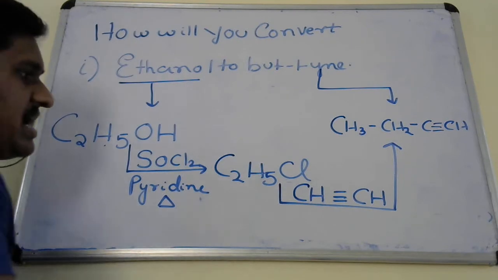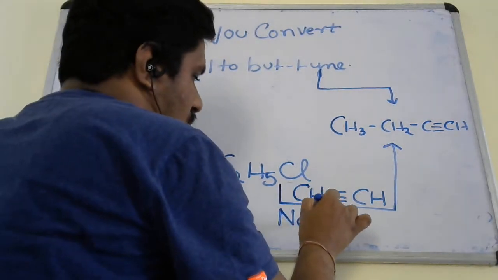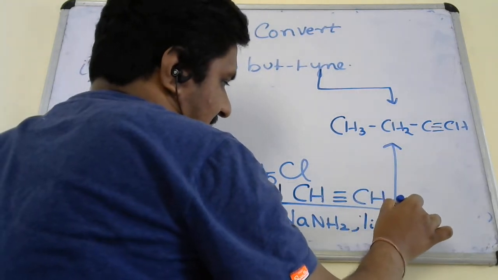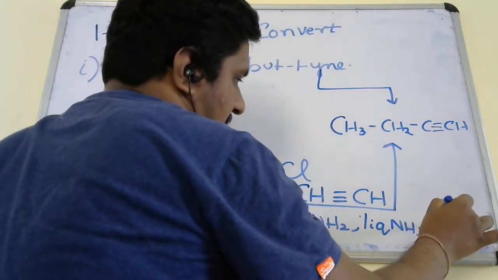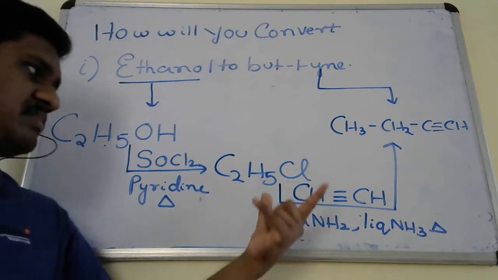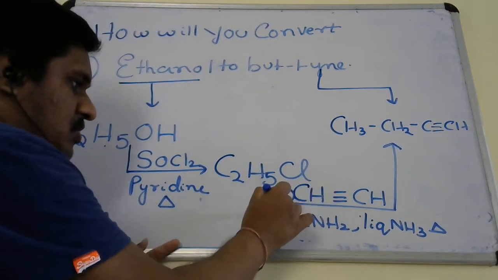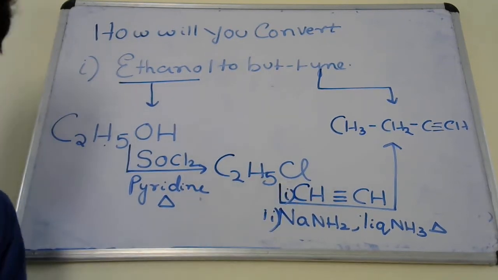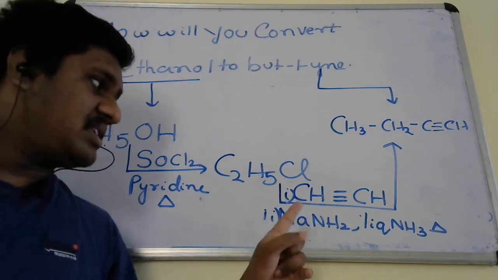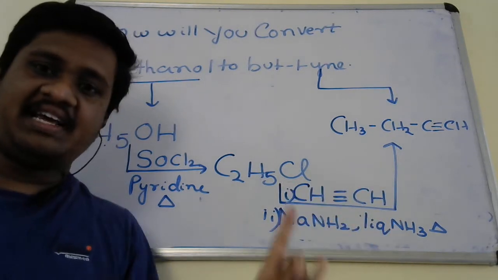Okay, and we will provide NaNH2, that is sodamide, with liquid ammonia and temperature. We will provide this mixture. Okay, we will provide ethyne with NaNH2, liquid ammonia and heat.